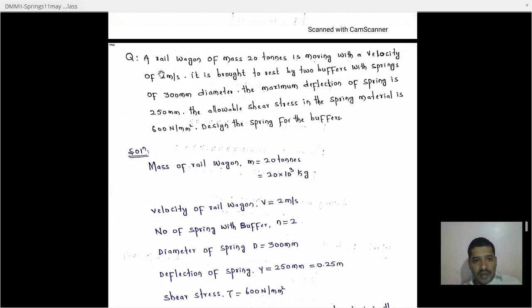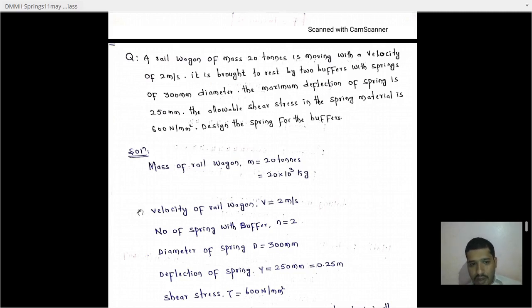Let's see the mass of the rail wagon. How much is given here? It is given as 20 ton. 1 ton equal to 1000 kg, so 20 ton equal to 20,000 kg.